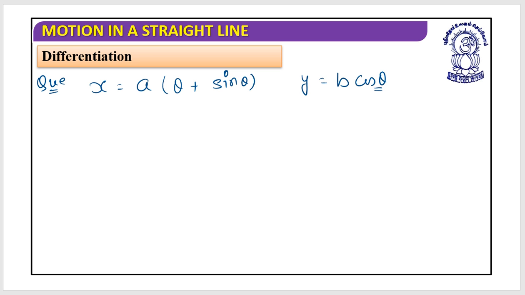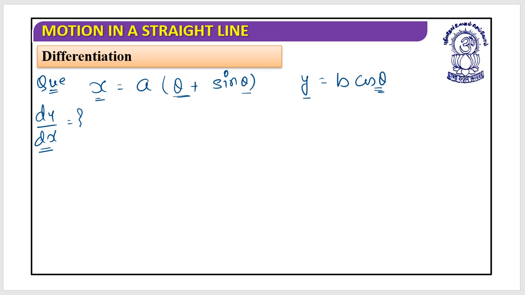This is all they have given, and they have asked us to find dy by dx. Now look at the relation very carefully. Here x is a function of theta, and y is also a function of theta, but they have asked about dy by dx. How could you do this?